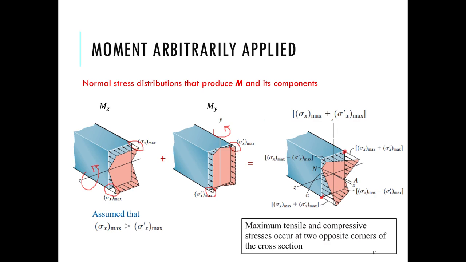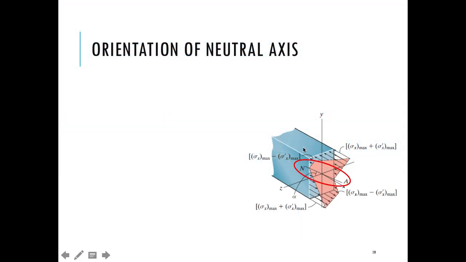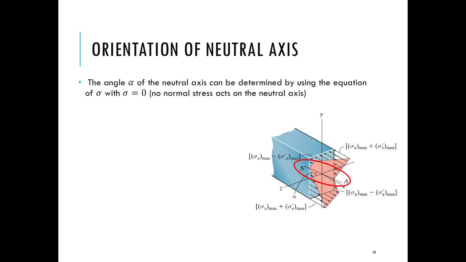Hence why I've labeled this line right here as NA, which is then giving me the neutral axis. So I can find the position of this neutral axis simply by substituting in a zero normal stress in my expression for the total longitudinal stress in the beam.